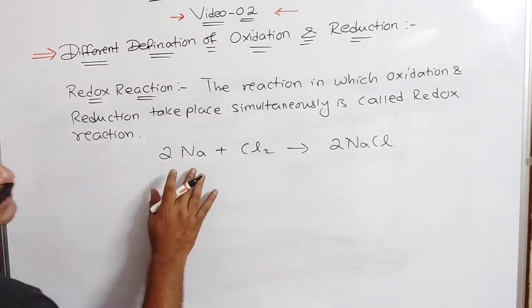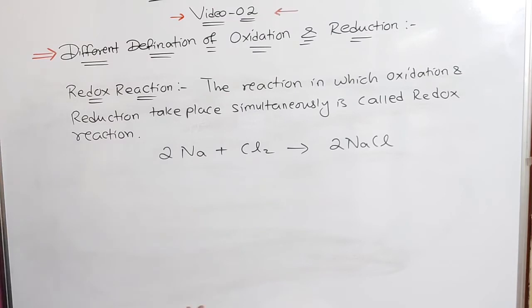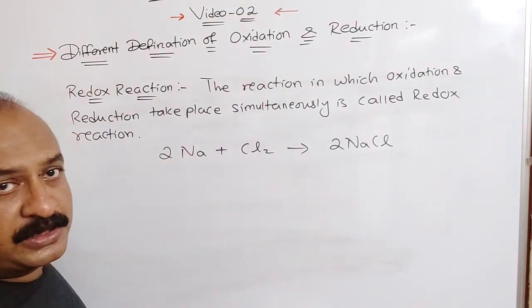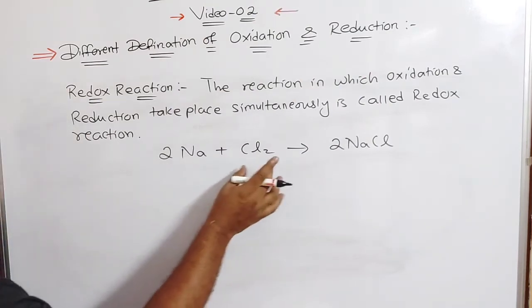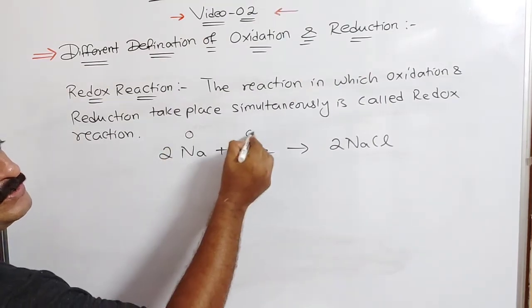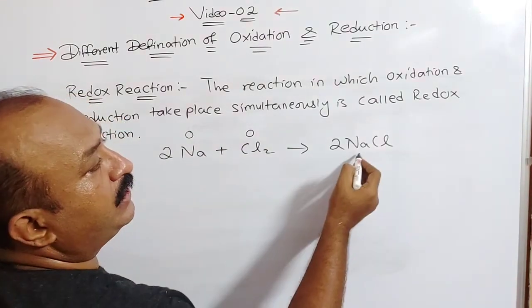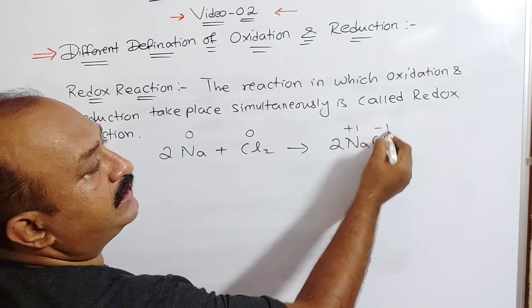So in this case, when you study this chapter further, there are certain rules for assigning oxidation number. So for a metal or elemental form, oxidation number is 0, right? That we will study after the rules we will go through. And here in this case it is +1 and -1.